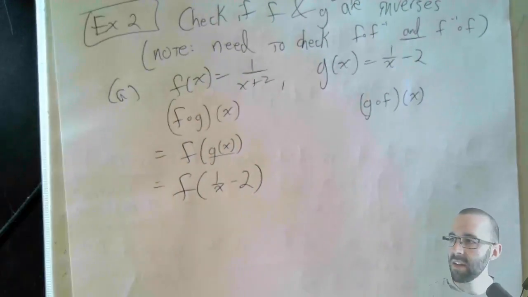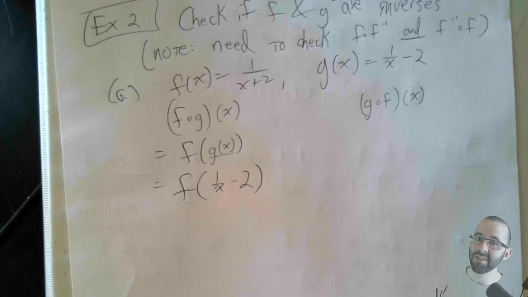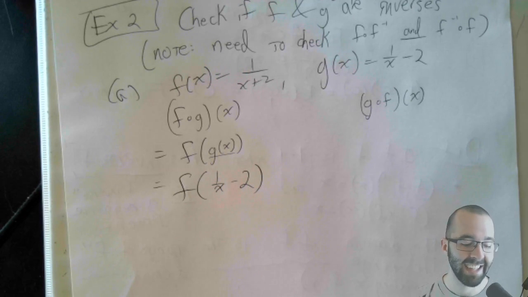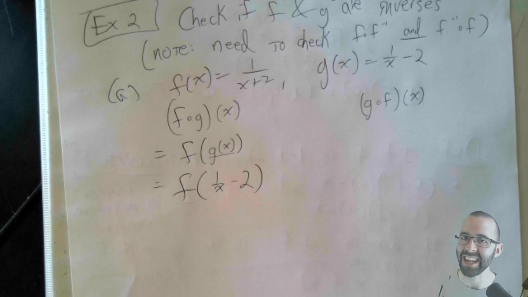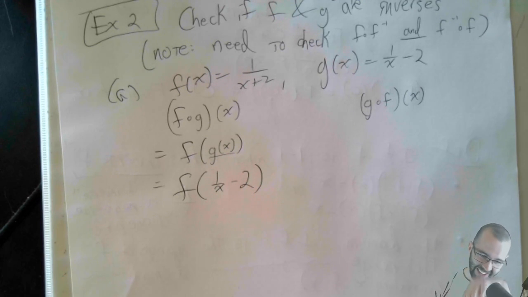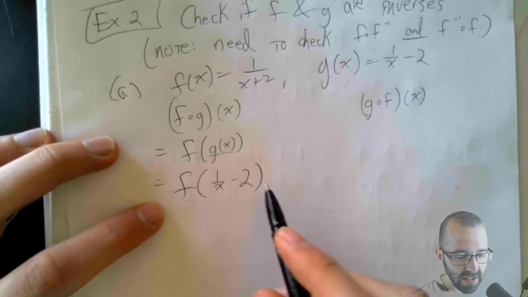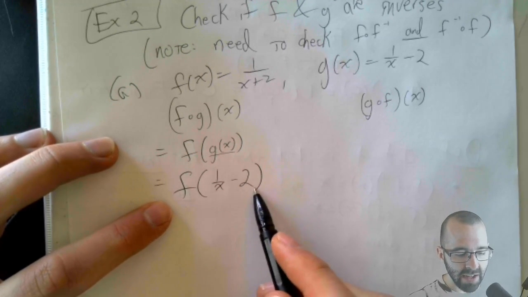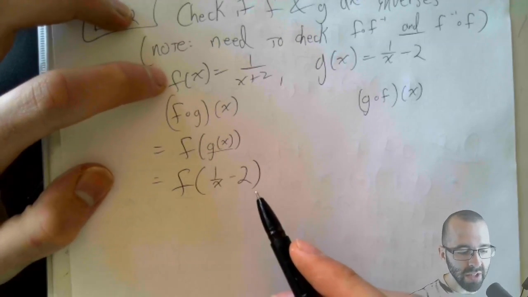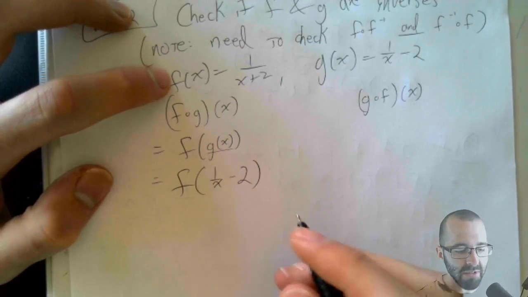minus 2. And remember when I said function composition is important and you're going to need to be comfortable doing it? I was not lying. So we need to now evaluate this, which is plugging in 1 over x minus 2 into the function f. So what is the function f?